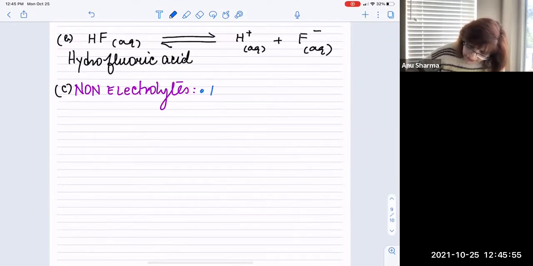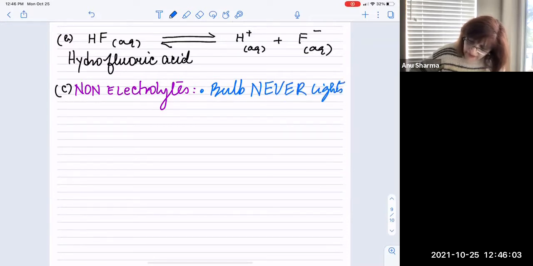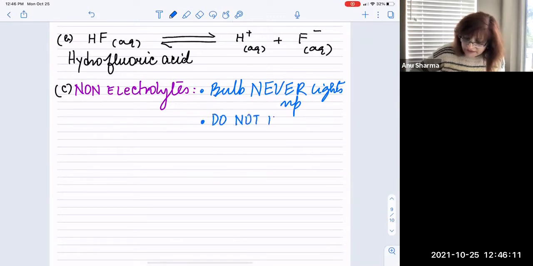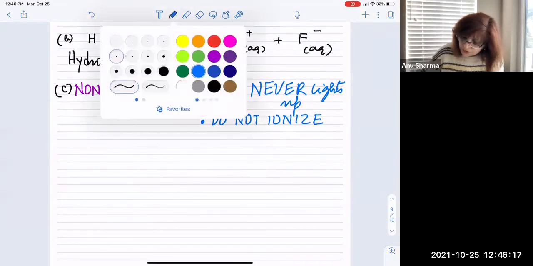So the bulb never lights up, never lights up. And so when that happens, what's the deal? The bulb never lights up because they do not ionize in water or even in any solution.